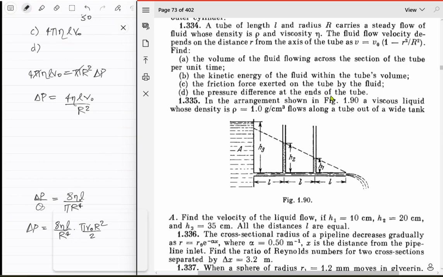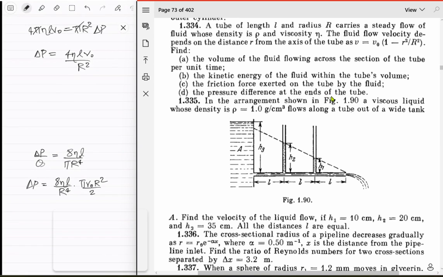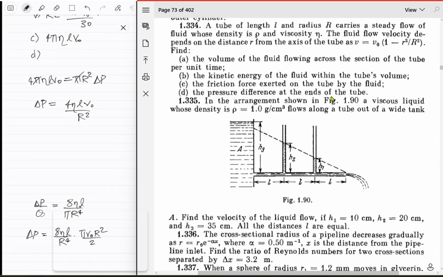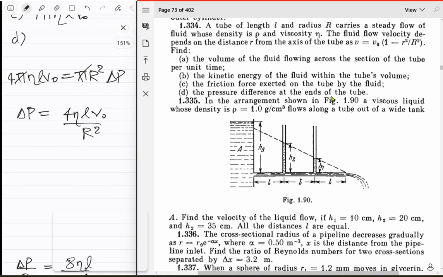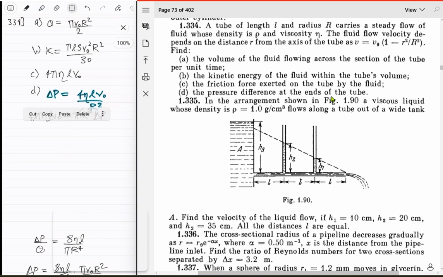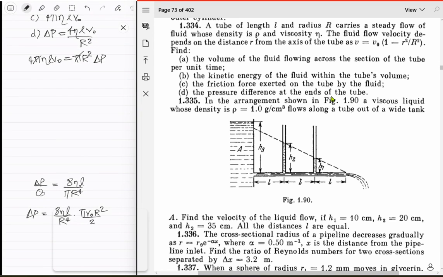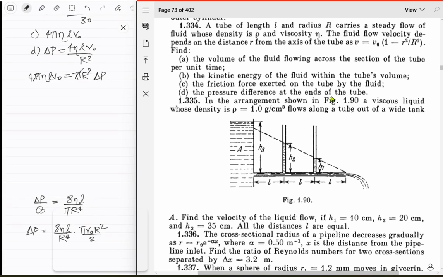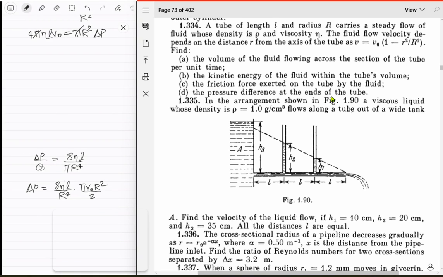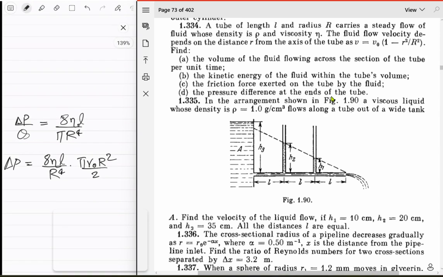Right, pressure difference at the ends of the tube. You can do it like this. And let's also do it in that way. So it will have our Q thing.